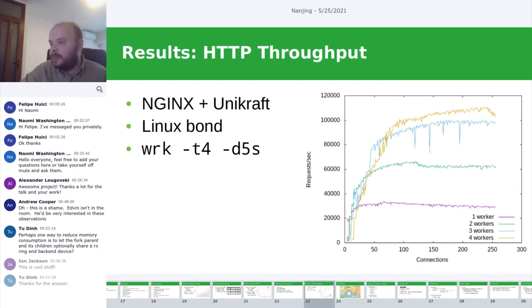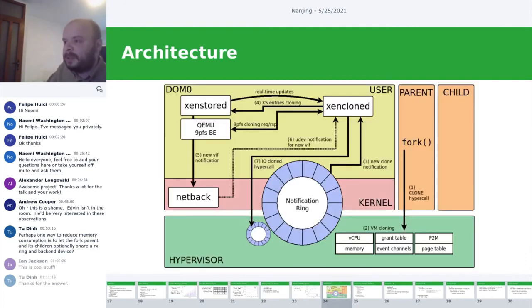And for this experiment here, we used an out-of-the-box Linux bond configured to hash IP and port values. Now we can see that the throughput for a single worker here is 30 kilo requests per second, and it scales linearly with every worker we add until we reach the limit of the switch, which is in this case 110 kilo requests per second.